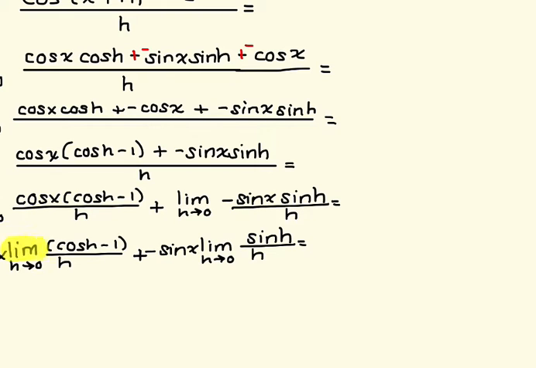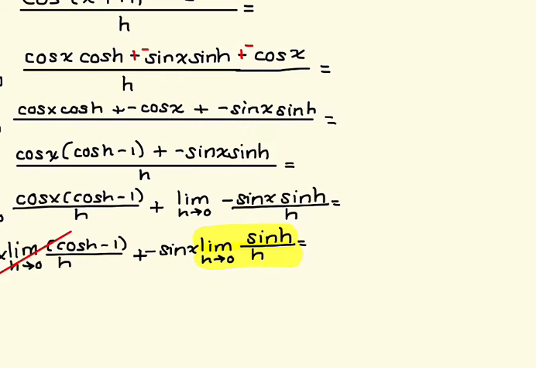Well, what is the limit as h goes to 0 of the cosine of h minus 1? 0. So what happens here is this goes away, and this is all gone. What is the limit as h goes to 0 of the sine h over h? 1.